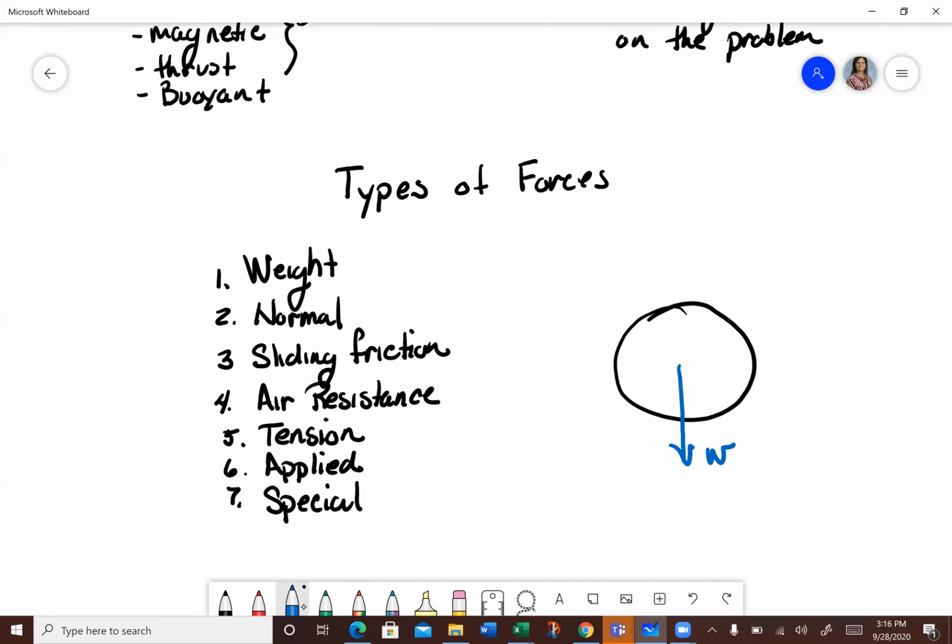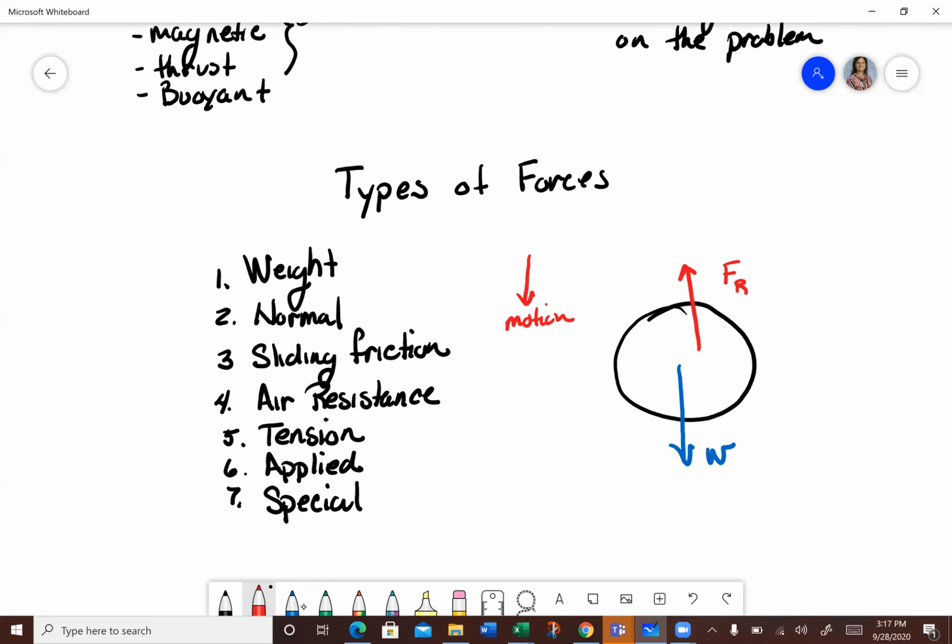If the answer is yes, you put it in. If it's no, you keep it out. You ask, is there air resistance? If the answer is yes, we might put it in. First, you have to decide which way it's moving, and then air resistance and sliding friction always oppose motion. So maybe I would add my air resistance in.